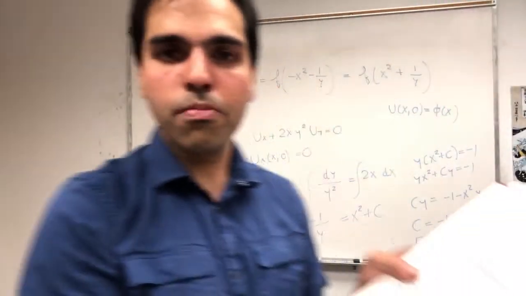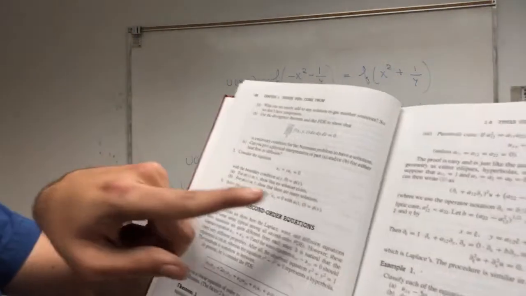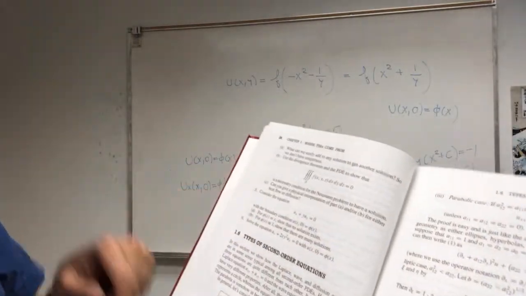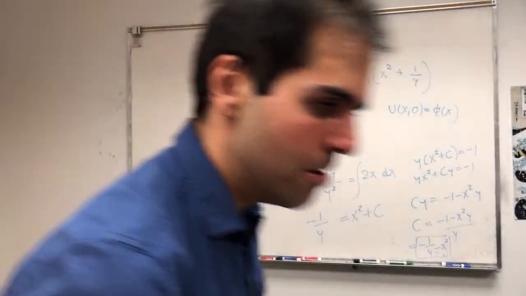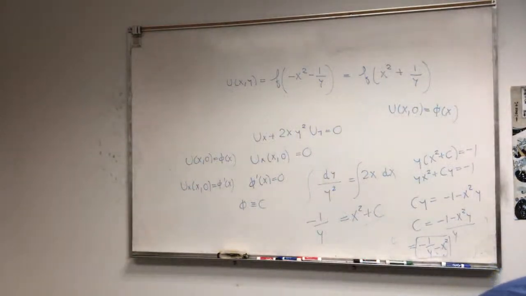I don't know about you, but my boundary condition says this: u x0 is phi of x, and that's for 1.5 number 6. Not sure. Anyway, I'll think about this a bit, and then let's do 1.6 number 6.